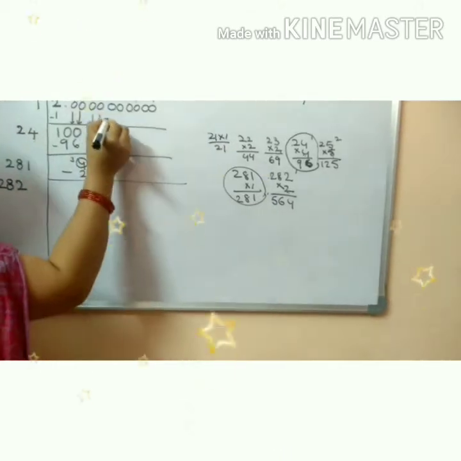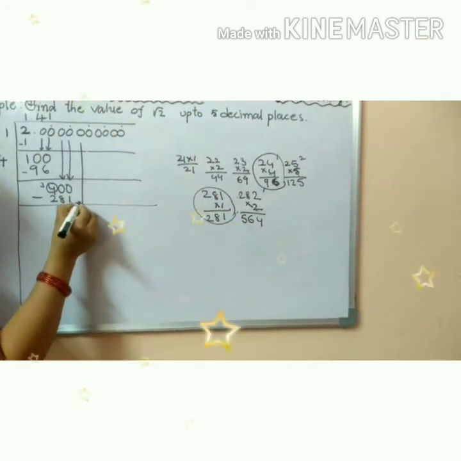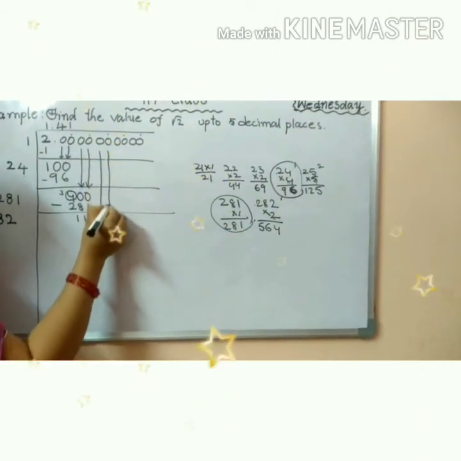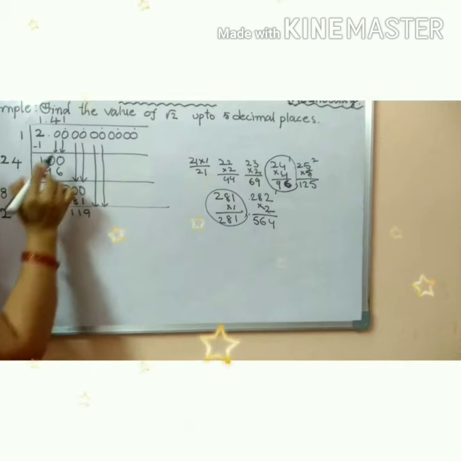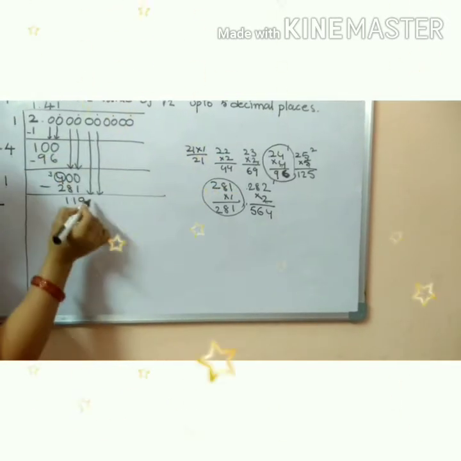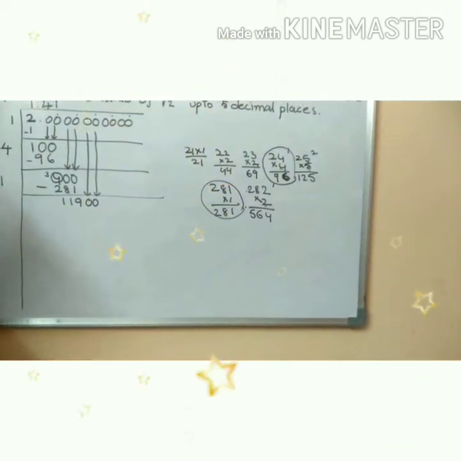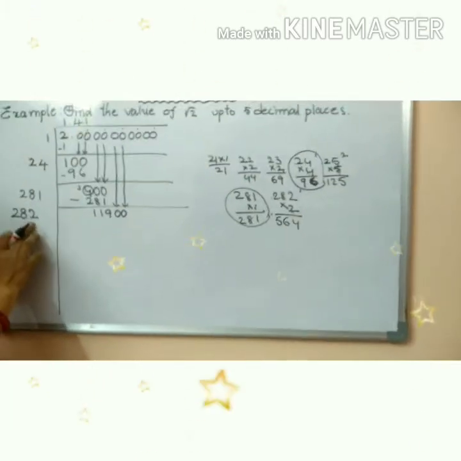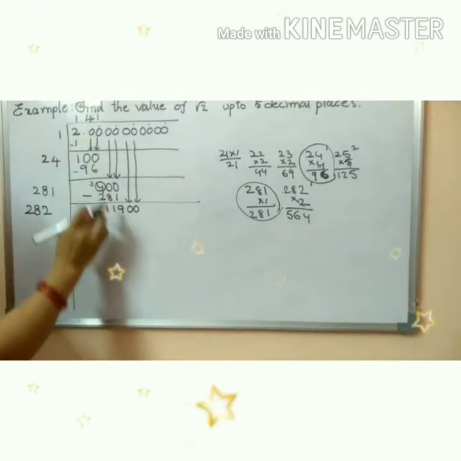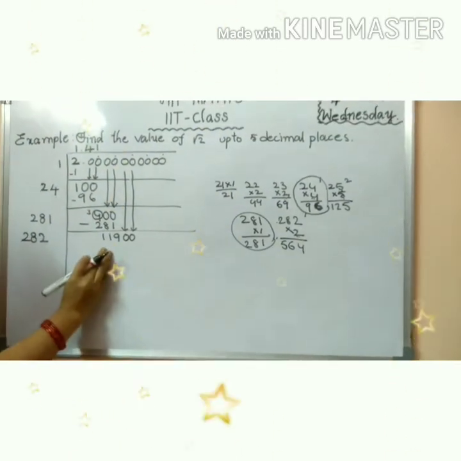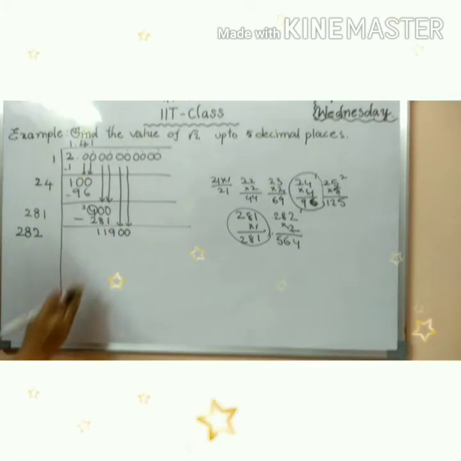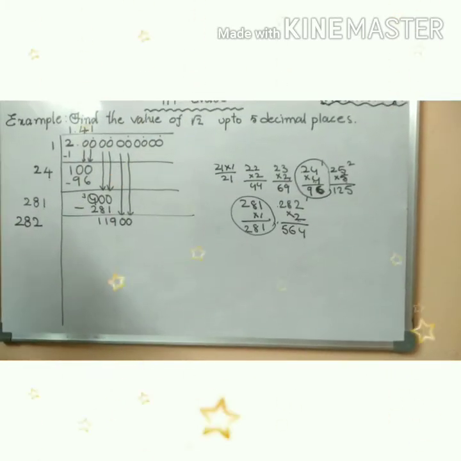So now you have to take another zeros, another decimal. So up to how many decimals completed? 1, 2, 3. Now we have to take the third decimal. So in this case 282, which number is multiplied, nearest 11,900.